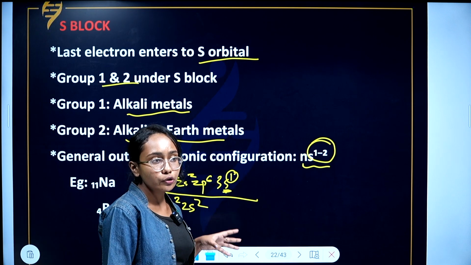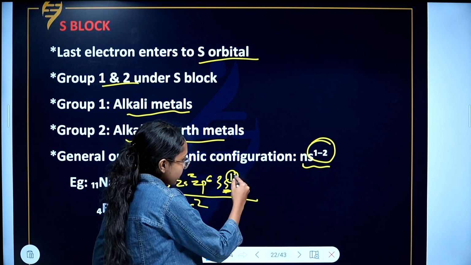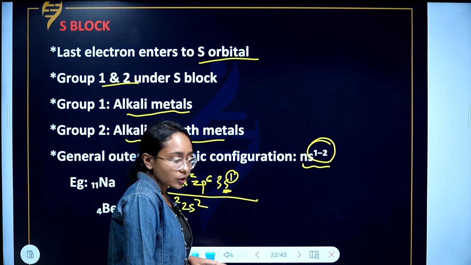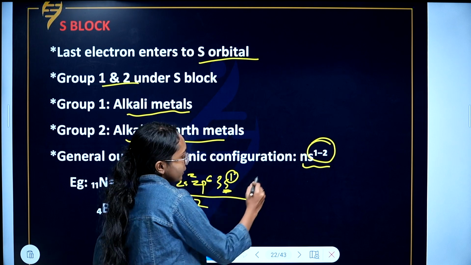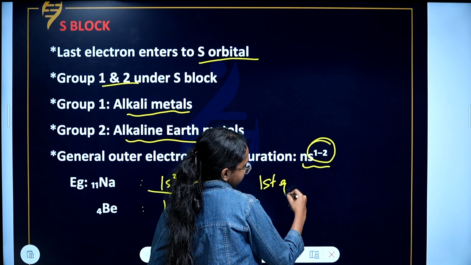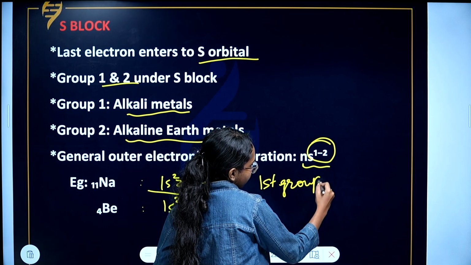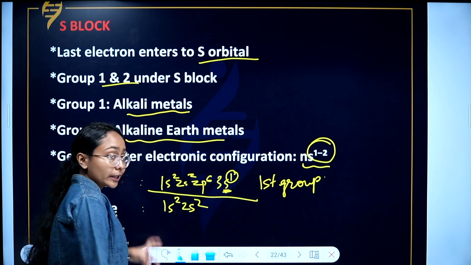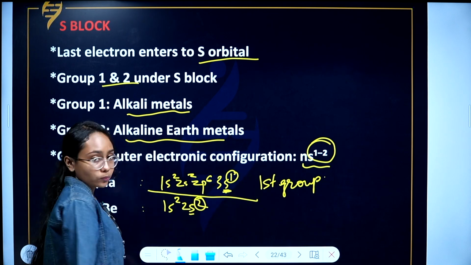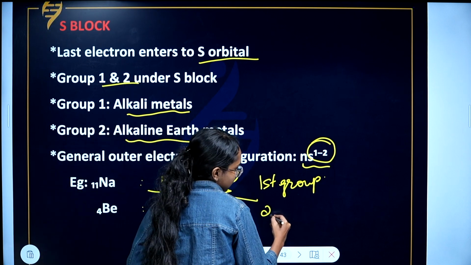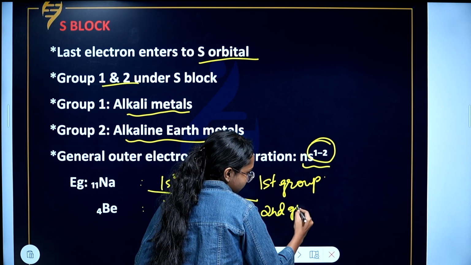See the outermost subshell: it is S and it has 1 electron, which means it is in the first group. In the case of beryllium, the outermost subshell is S and the number of electrons in it is 2, which means it is in the second group.